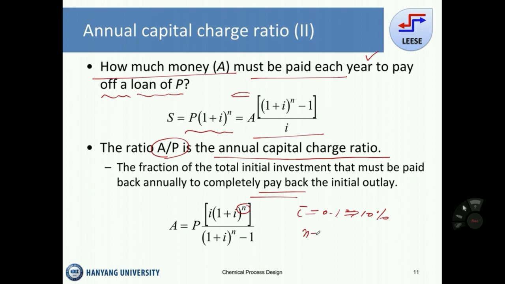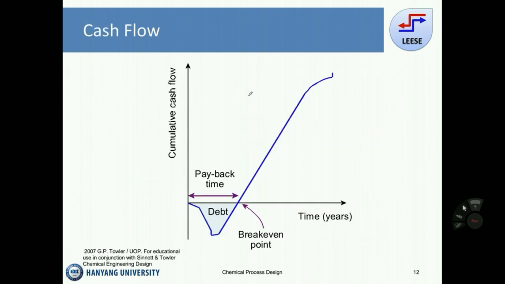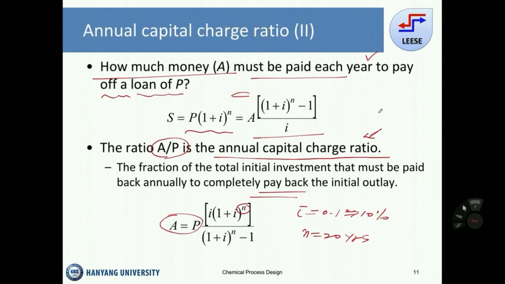Project lifetime is, say, maybe 20 years. Then you can put in the I and the N. Then you can have the A over P. Okay? Then when you have this capital charge ratio, that might be 0.2, maybe 0.5, 0.6, depending on the interest rate and the project lifetime. Okay? Based on that, you have a different number.